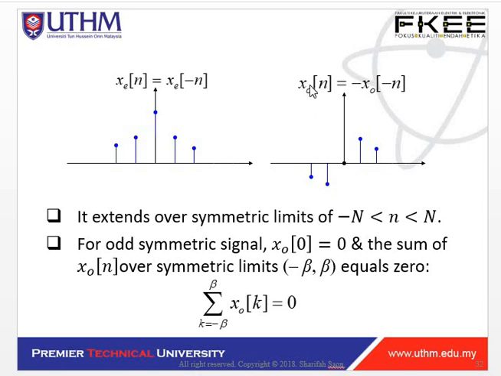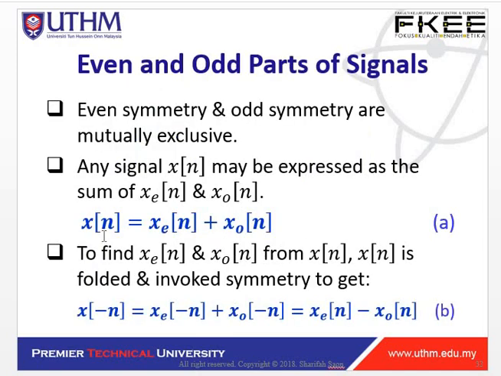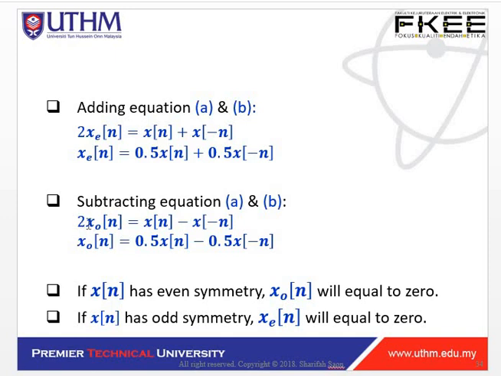As you know just now, x odd[n] equals negative x odd[-n]. So now you subtract this one minus this one, and minus minus gives positive. You will get 2 x odd[n] equal to x[n] minus x[-n]. In order to get x odd[n] only, you divide everything on the right-hand side by 2. So you get 0.5 x[n] minus 0.5 x[-n].